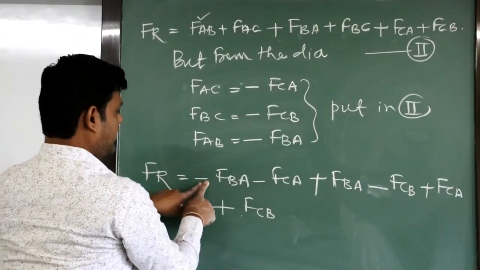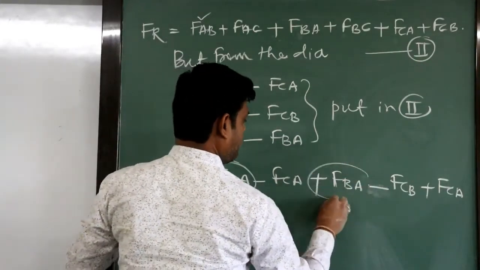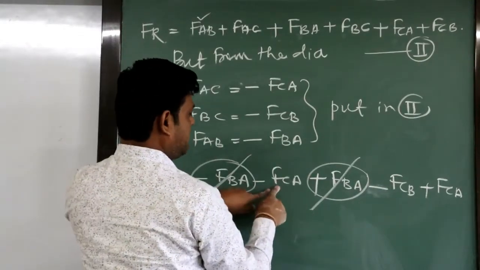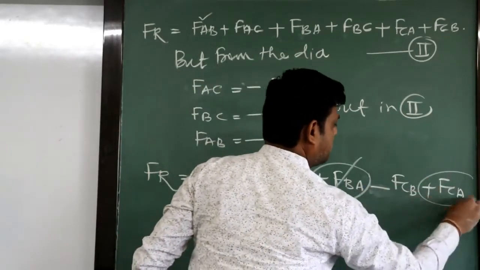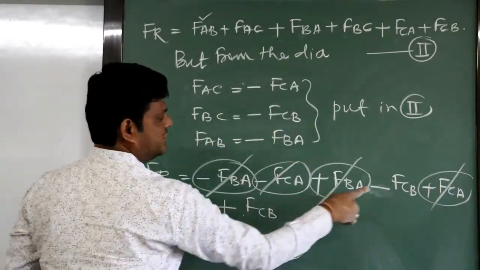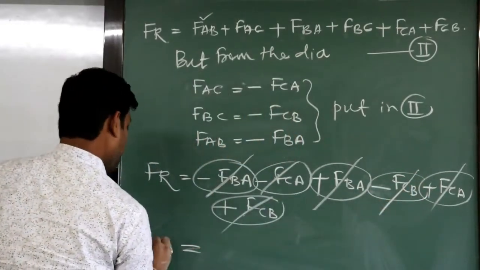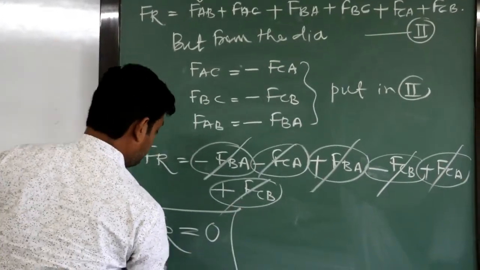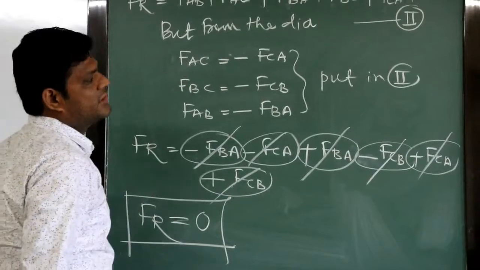See, this is a plus, this is minus, this is plus, this is minus, so they get cancelled. FCA, this is a minus value, this is plus value, so this gets cancelled, right? And this is plus, this is minus, this also gets cancelled. So FR equal to 0. The net resultant force acting on all the charges is 0.